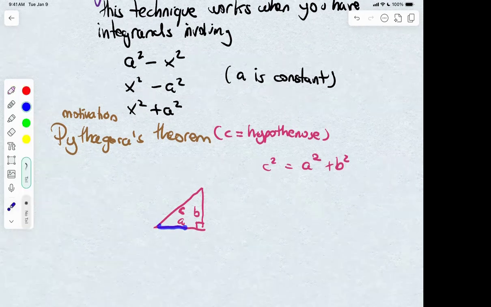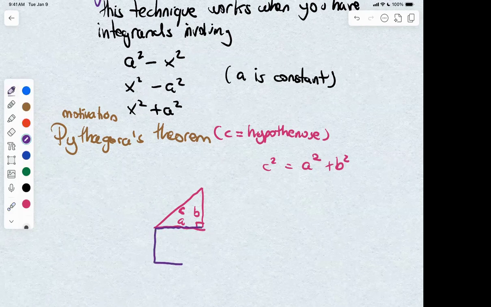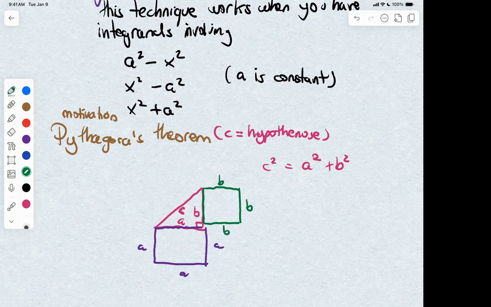If you take this side, you can build a square whose sides have length A. If you take the second side of the right triangle, you can build a square whose sides have length B. And if you take the hypotenuse, you can build a square whose sides have length C.